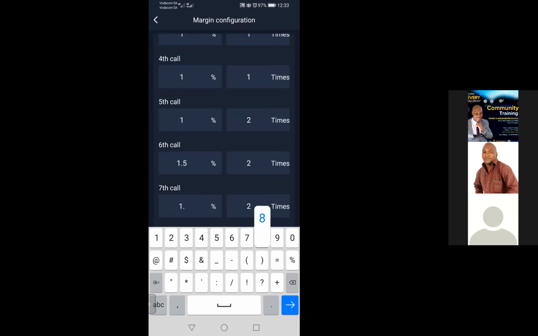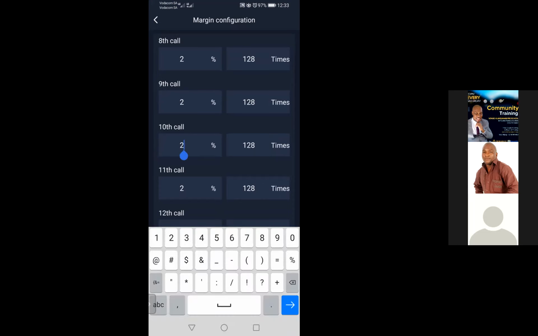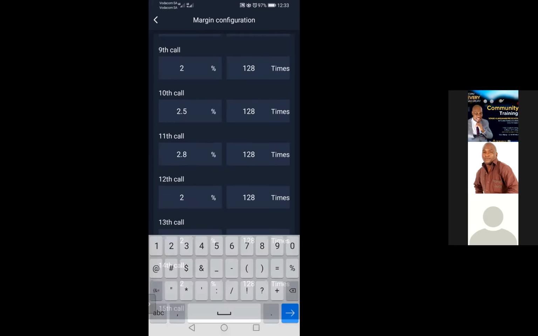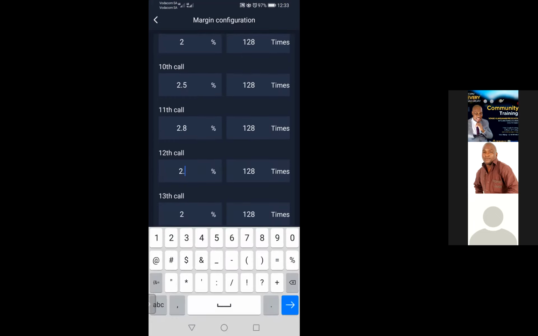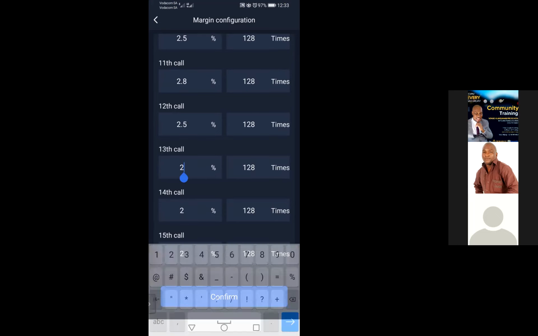And then 8 and 9 is 2.2. And then 10 is 2.5, 11 is 2.8, 12 is 2.5. And then the remaining ones is 10, 10.